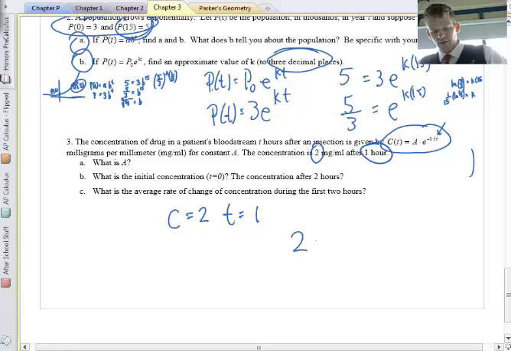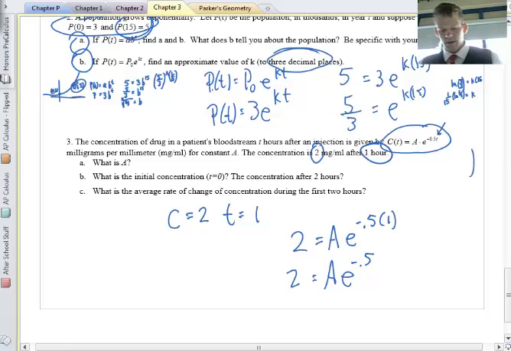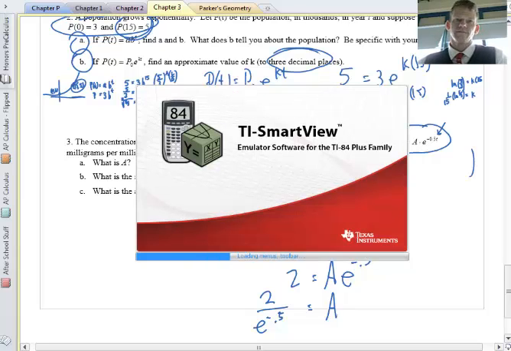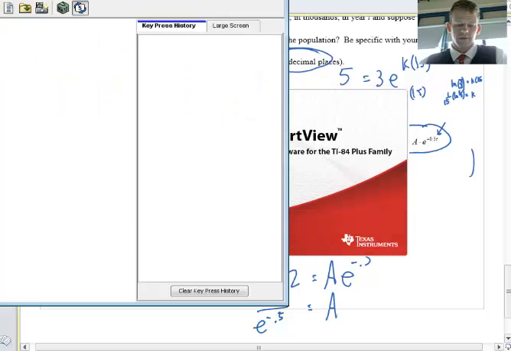We say 2 is equal to A e to the negative 0.5 times 1 hour. So I have e to the negative 0.5, A equals 2. A will equal 2 over e to the negative 0.5. If I were to grab my calculator, it's going to take a minute to start. So we'll just wait. Wish I had Jeopardy music playing in the background.